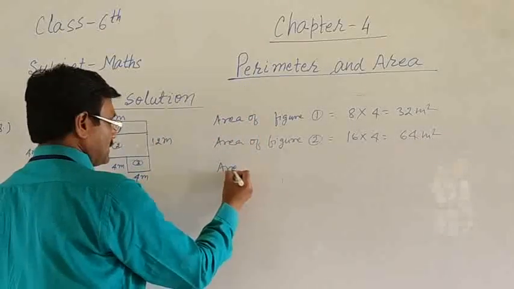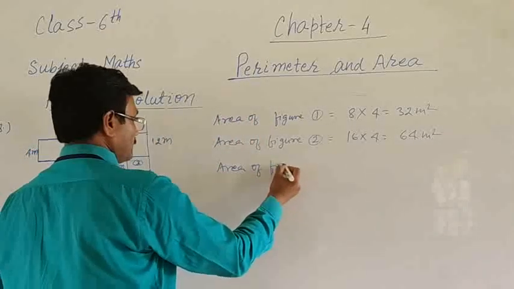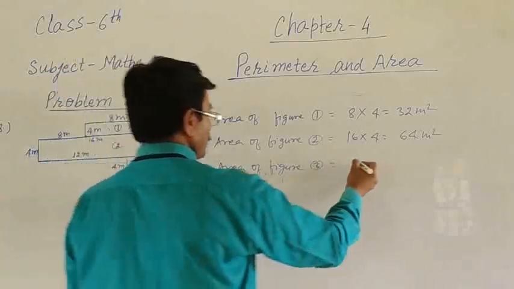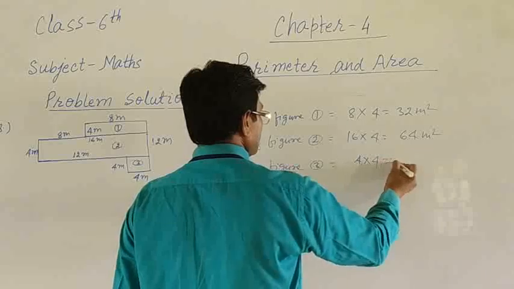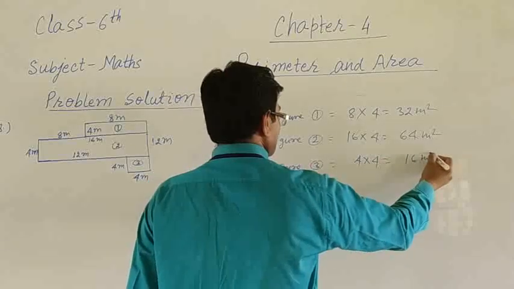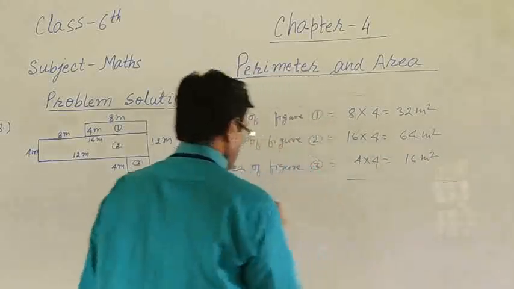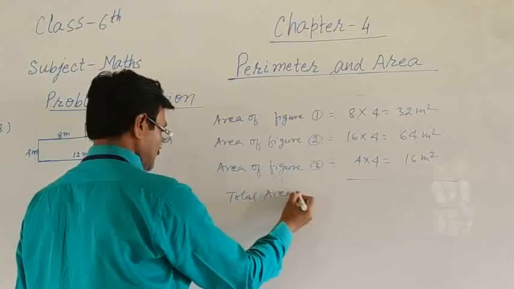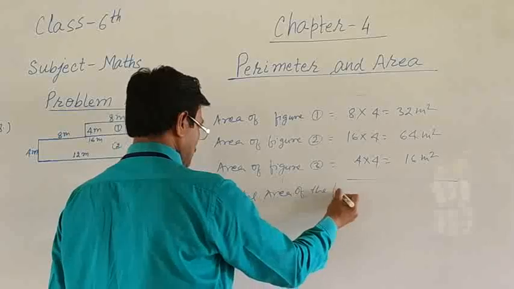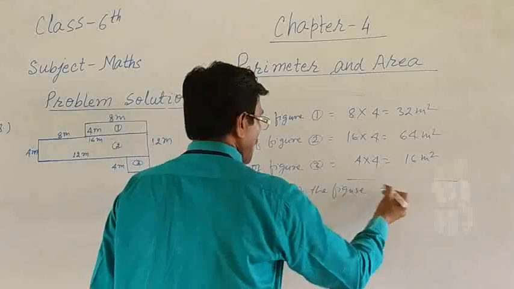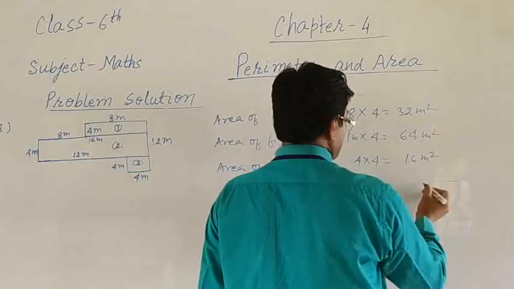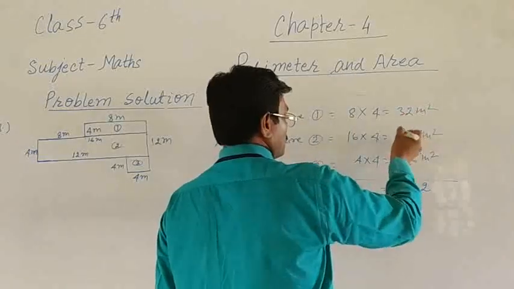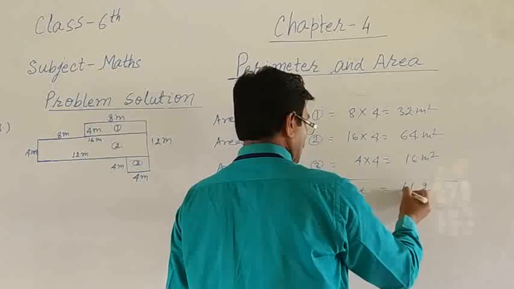And area of figure 3rd is equal to 4 into 4 is equal to 16 meter square. So total area, add them, 2, 4, 6 and 6, 12 and 1, 4, 6, 10 and 1.